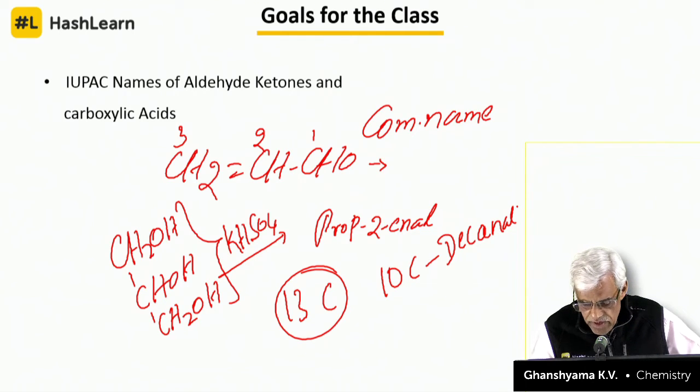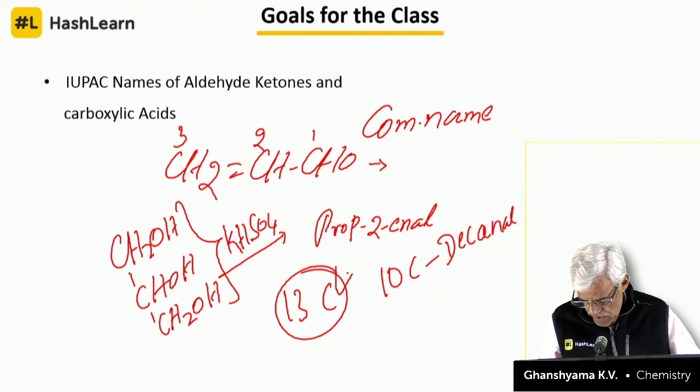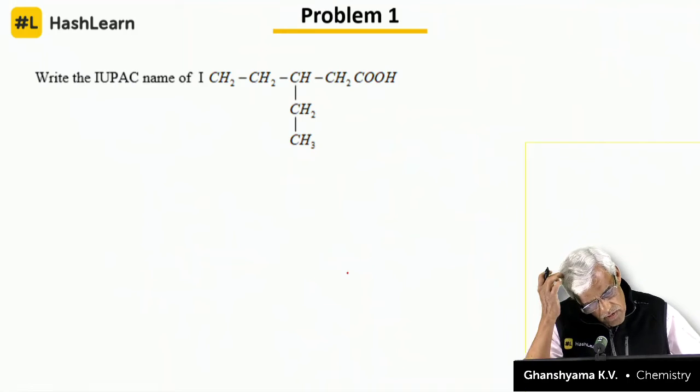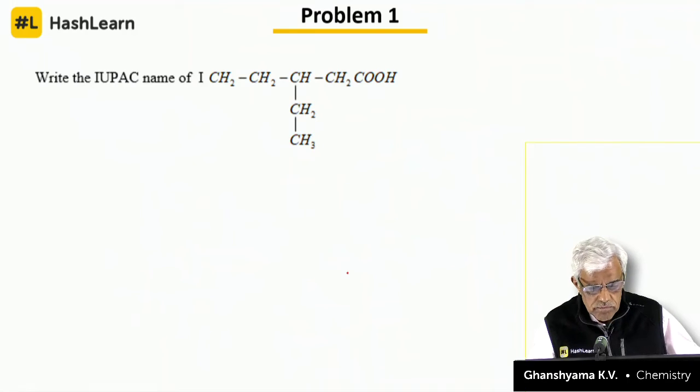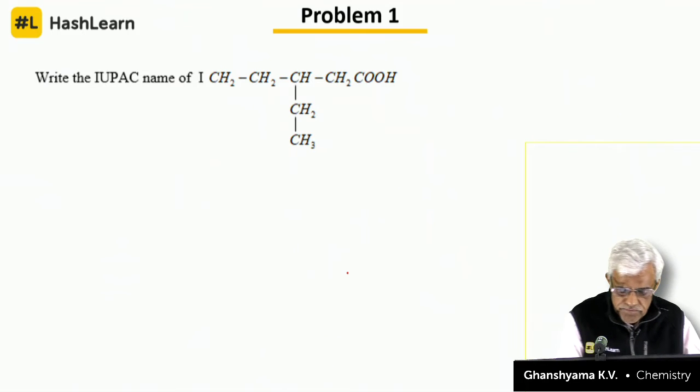Therefore, what should be the 13 carbon atom aldehyde? Now, we shall see a few names of aldehydes, ketones and carboxylic acids.